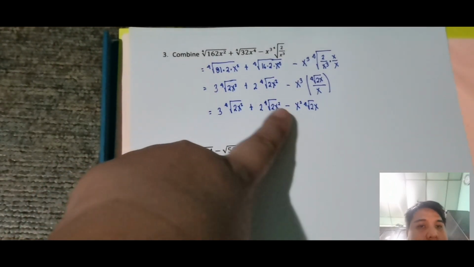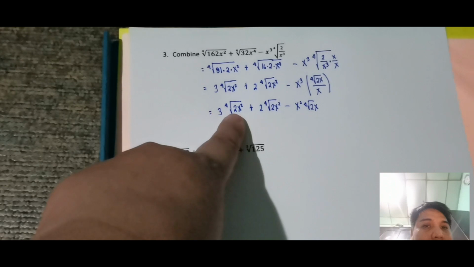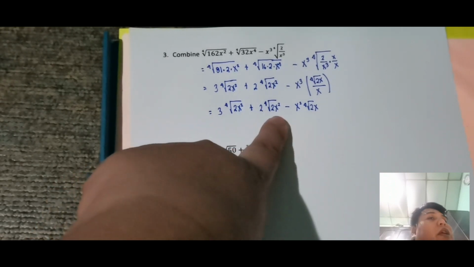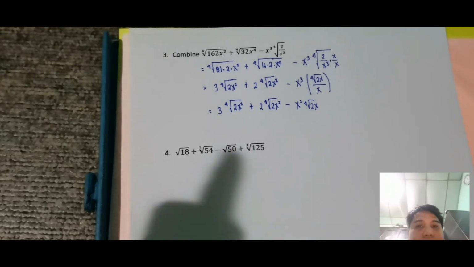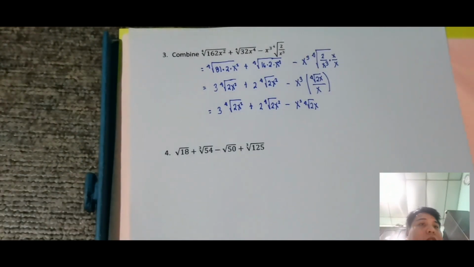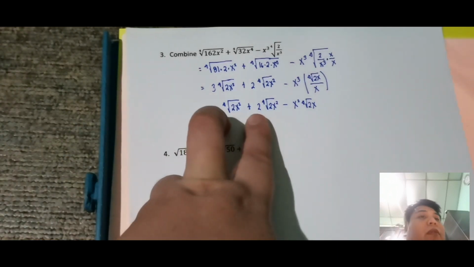For index, yes. Radicand is 2x squared, radicand is 2x squared, but radicand is 2x. So, ano napansin mo? Sir, hindi po sila similar radicals doon sa part na yun. So, ibig sabihin, sir, ang pwede lang mag-combine itong dalawang to.